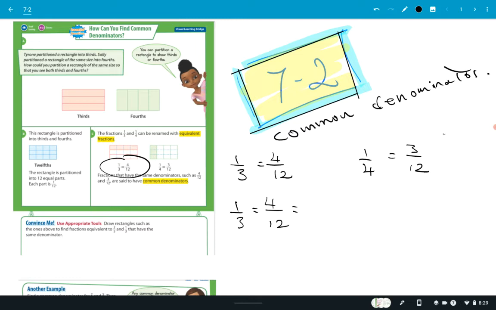Say again? 50 over 150. What Mr. Oldham has realized is that the top should fit into the bottom 3 times. Okay, and then you'll have an equivalent fraction. The numerator would go into the denominator 3 times.